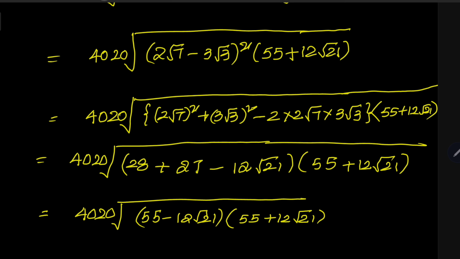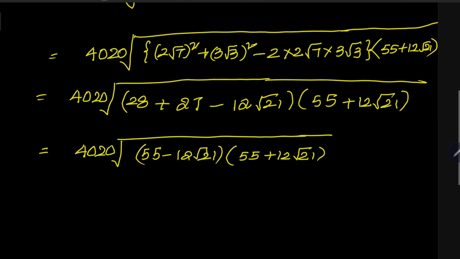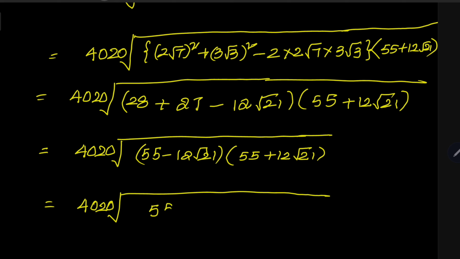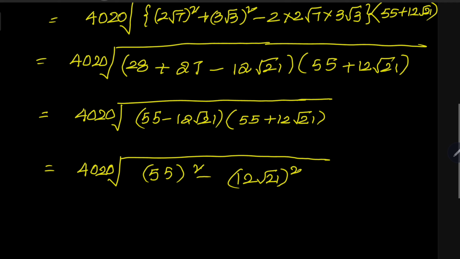Now it's time to use another identity, which is (a minus b) into (a plus b) equals a square minus b square. So when we use that identity, we will have 55 square minus (12 root 21) whole square. Now let us simplify that.